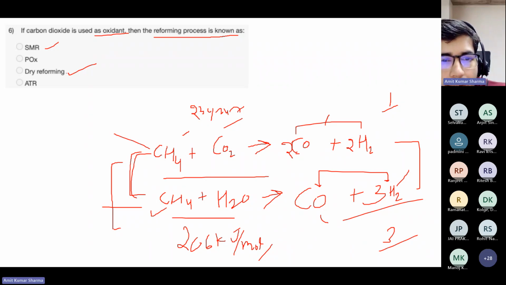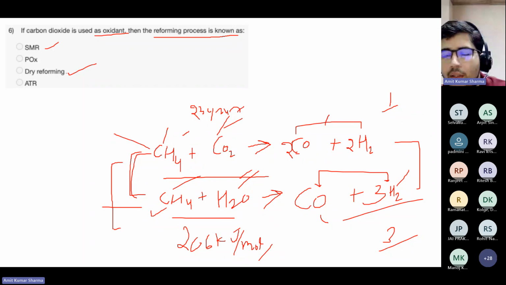And also the side reactions. Maybe in one class we can discuss side reactions, because whenever we have a reforming unit, suppose you are using CH4, CO2 and also H2O. If you are only using CH4 and H2O, then this will be the prevailing reaction and there will be some side reactions.